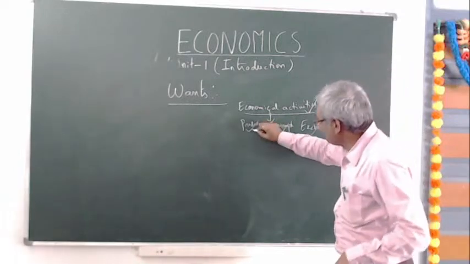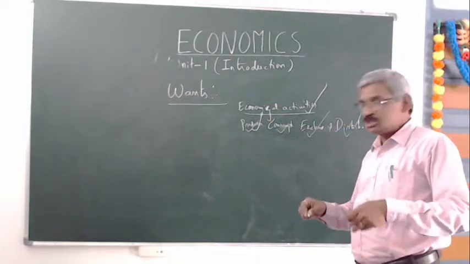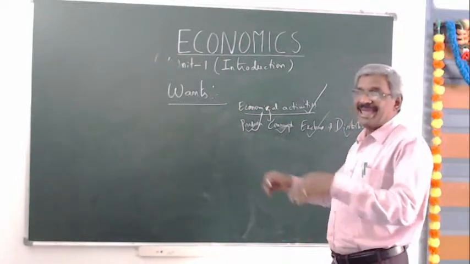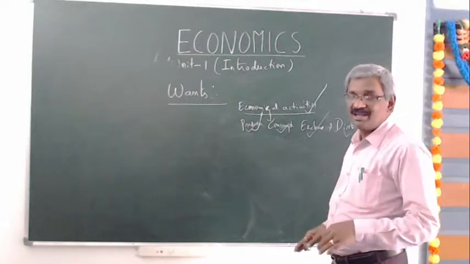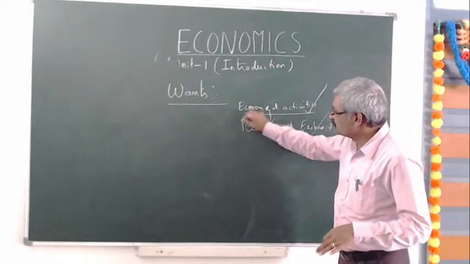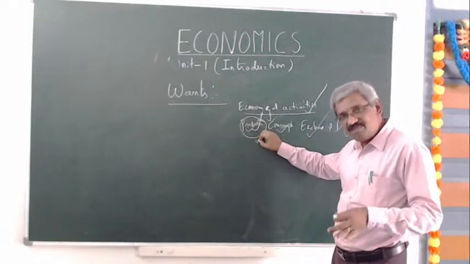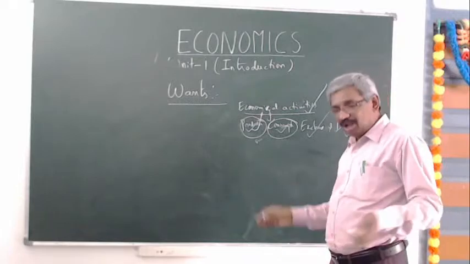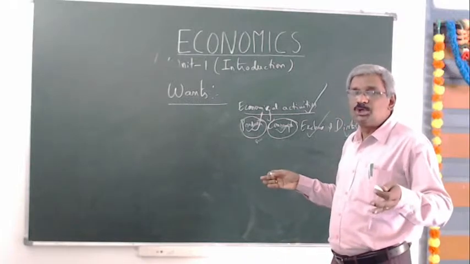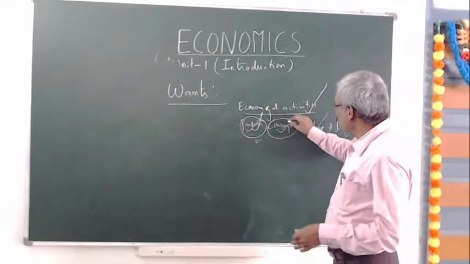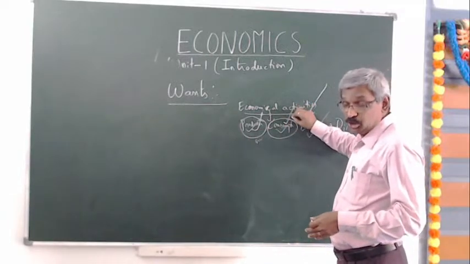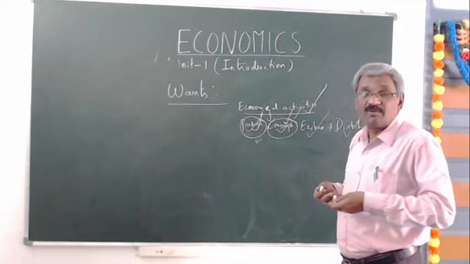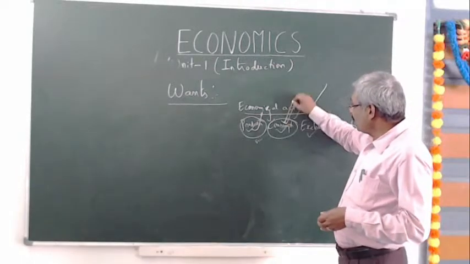Production is also very important. Who produces? The producer, industrialist, capitalist or organizer produces these goods and services. And consumption: all the people who consume the commodities, that is called consumption, and the people who satisfy their wants with the goods are called consumers.